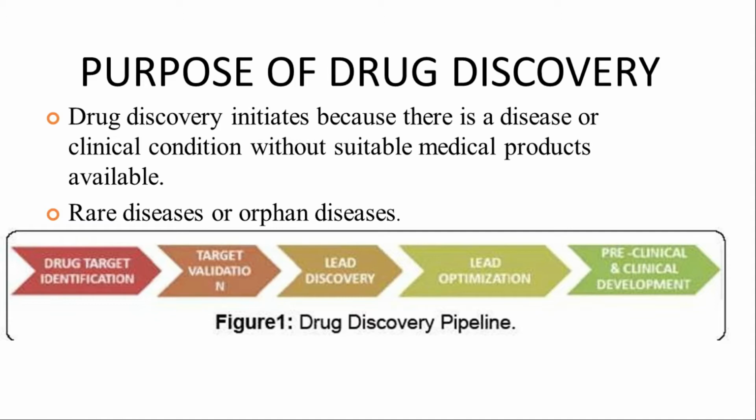If some medical product is unavailable, there is a need for drug discovery. Some diseases are very rare, like orphan diseases, and drugs are not available, like right now corona. So we have to find out the actual reason for that disease, and after that we have to find out the treatment.